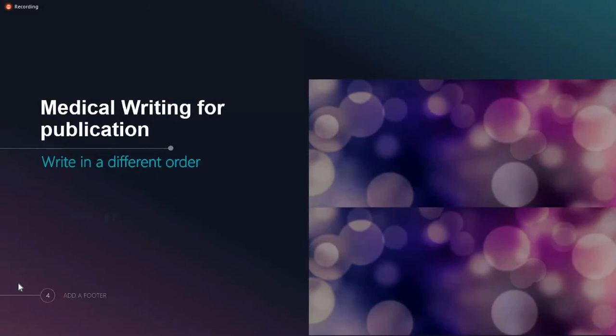That order would be, you will write first the methods, because you have more grip on your methods. You know what you have done. So in the method section, you will detail it. But I'm not going into the detail of methodology writing, because this lecture is not about methodology writing. It's about introduction writing, but this slide is for the overall structure of a paper. So after the methods, you write results.